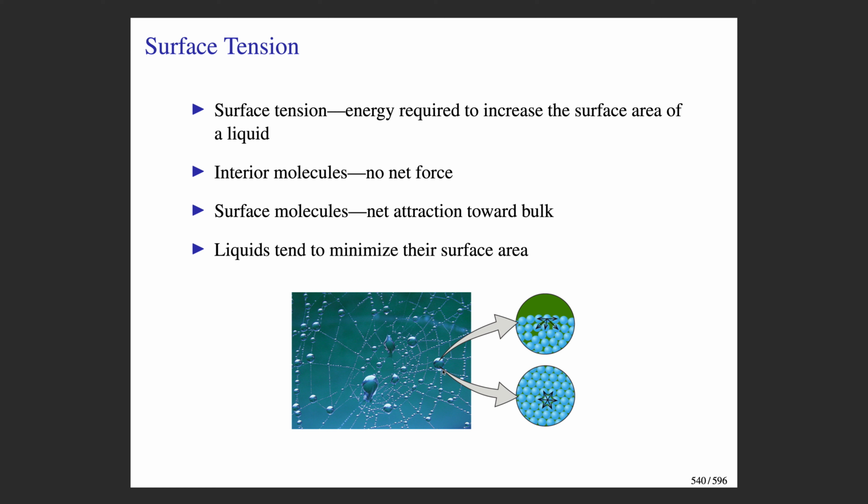So the droplets that you see here are spherical in shape because the spherical shape reduces the surface area of the liquid droplet, and that tends to minimize the surface tension.